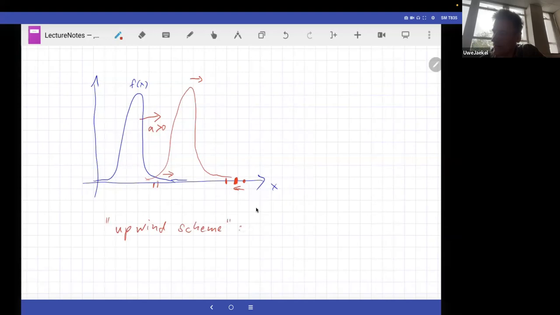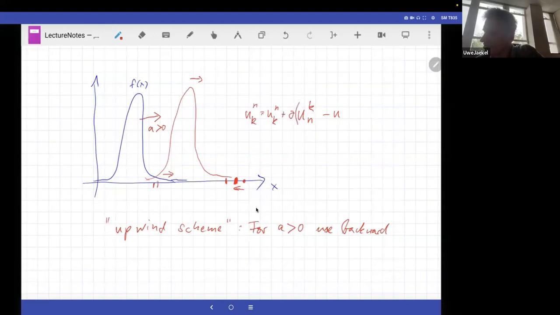For A larger than 0, use backward differences, because the backward difference takes the updates: u_k^(n+1) equals u_k^n minus sigma times the difference u_k^n minus u_(k-1)^n.